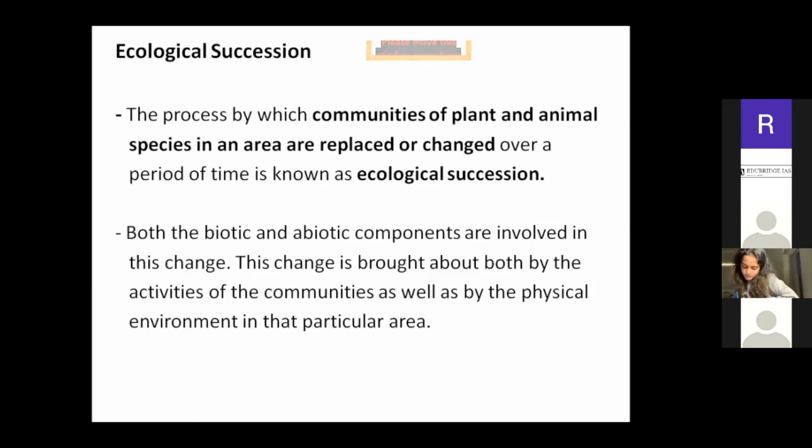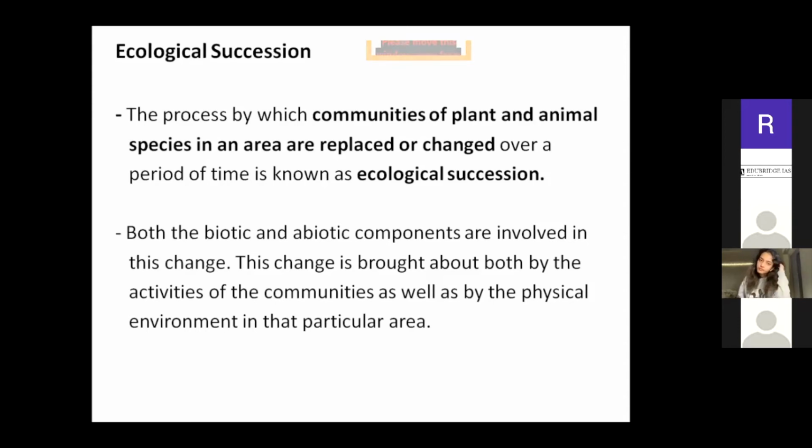If there are certain species which are not able to adjust with their environment, or if their habitat has been destroyed by natural or human activities, then those species will be wiped out from that particular habitat, and their place will be taken by new species.